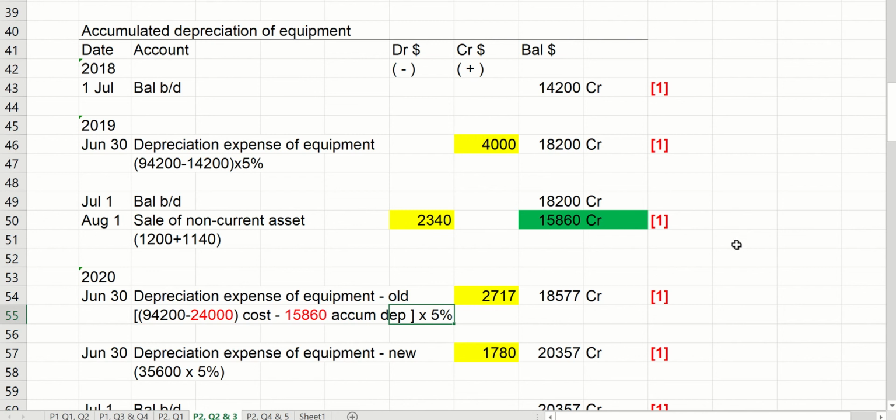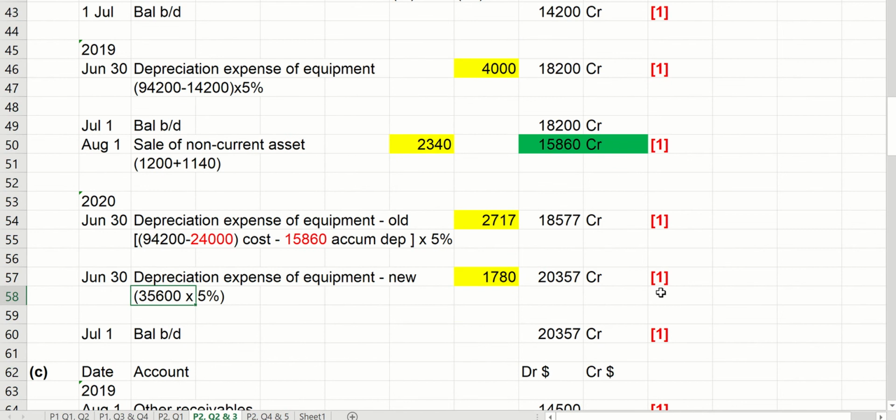Next, I add the depreciation expense of my new equipment. So your new equipment is 35,600, and because there's no accumulated depreciation, you just times 5%. And then after that, you have your balance brought down.